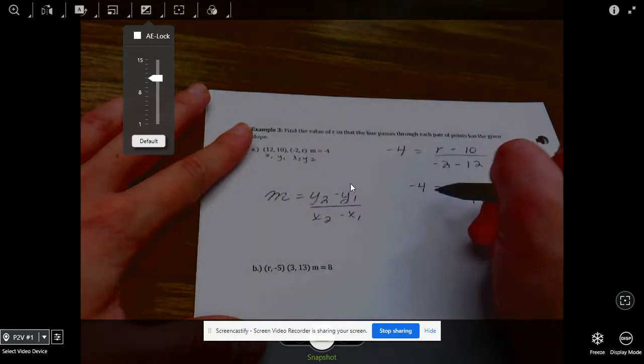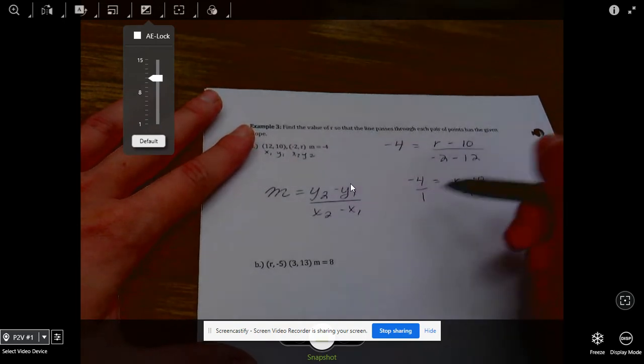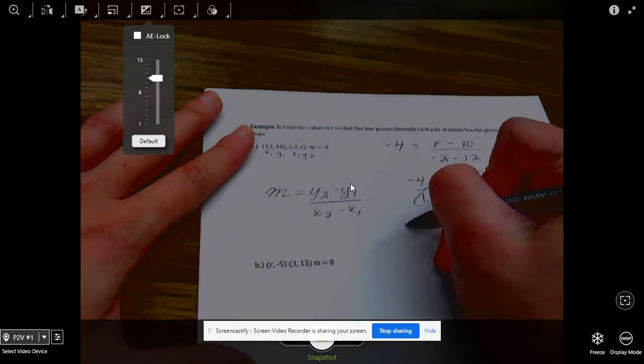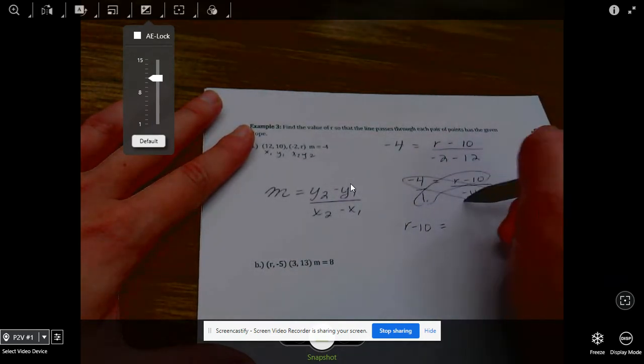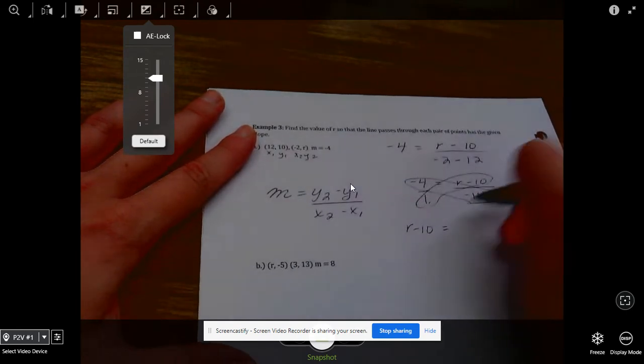Well, this actually is technically a proportion. We can put it over 1. So we can use a proportion to solve. 1 times r minus 10 is r minus 10. -14 times -4, it's going to be 16, carry the 1, 56.